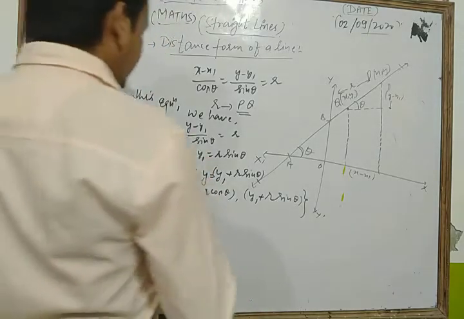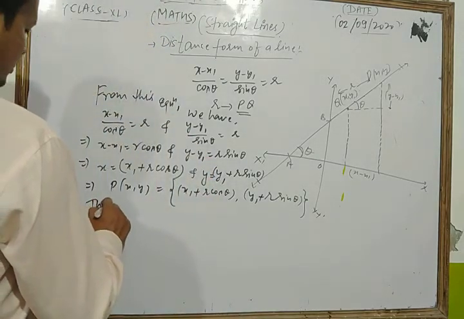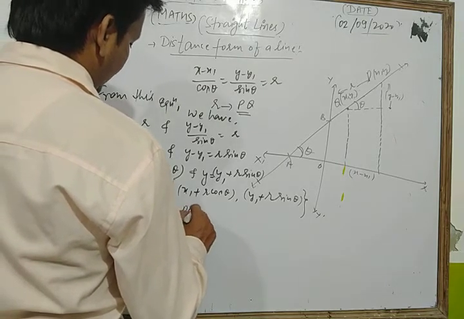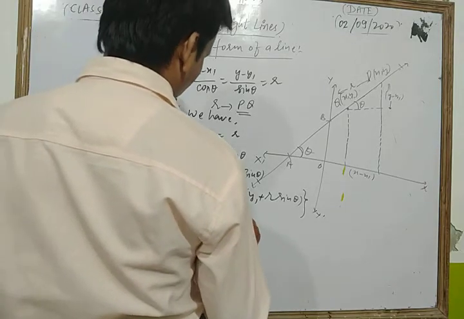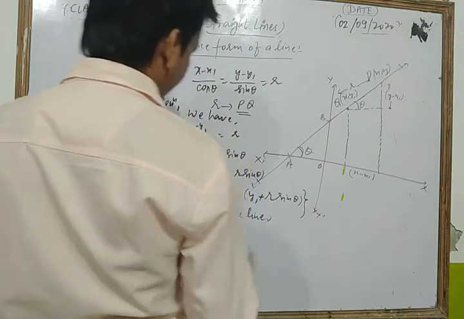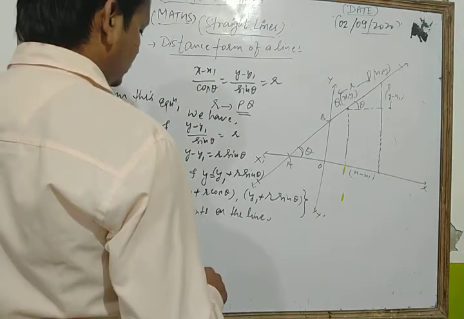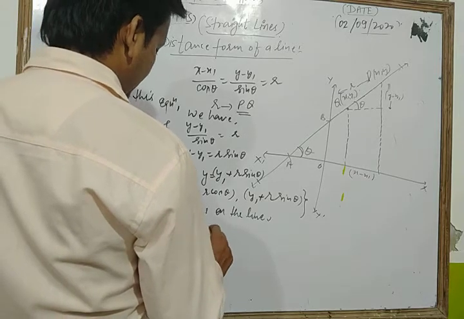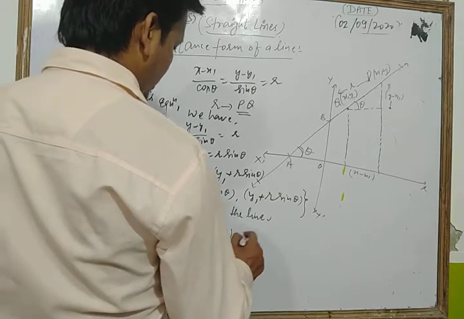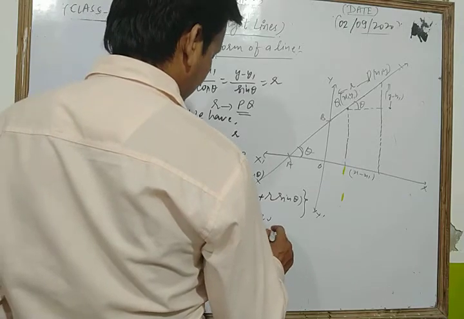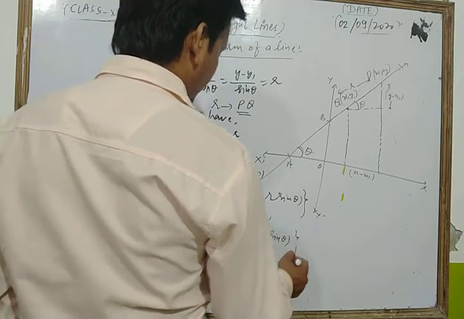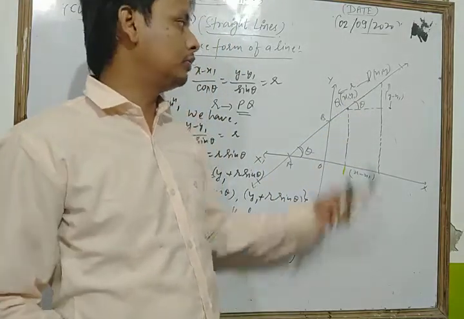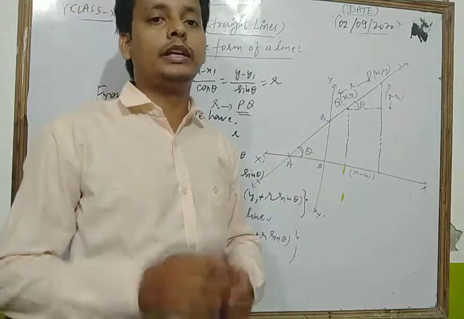So the required point on the line is (x1 plus or minus r cos theta, y1 plus or minus r sin theta), because if P lies on the right side of the point Q then r is taken as positive, and when P lies on the left side of Q then r is taken as negative.